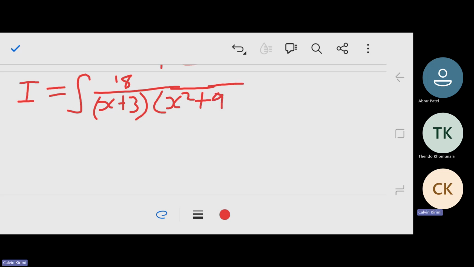So first you must see that it's 18. And obviously don't forget the dx. The dx is very important.